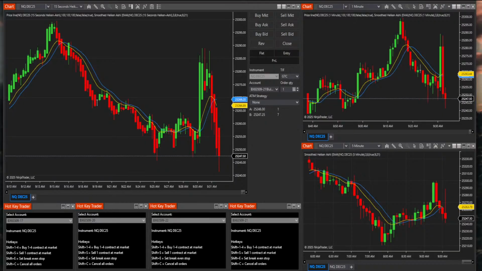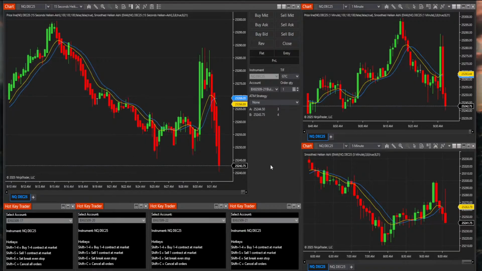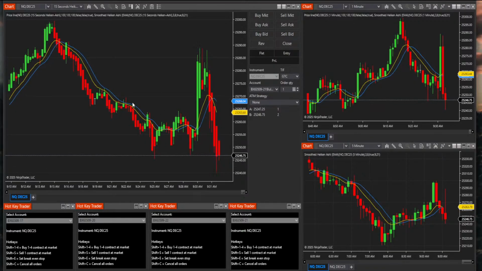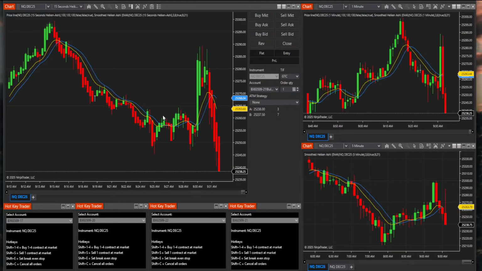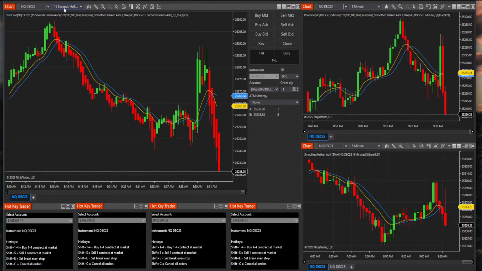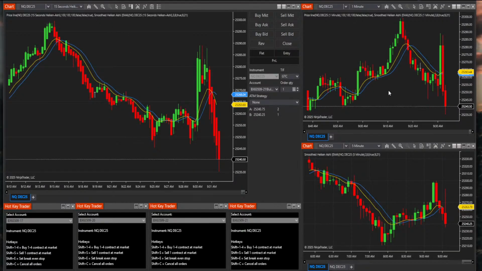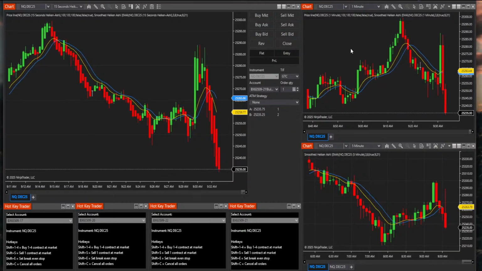Okay, this is basically what you want to do with this system here, with this smoothing, because how can I explain this? The Heiken-Ashi is just the average price, okay? And I'm going off of a 15-second. Now I'm mainly looking at the 1 minute right here in the top right. Now this Heiken-Ashi right here just goes off of this one.